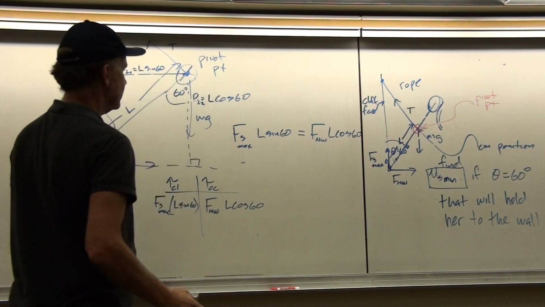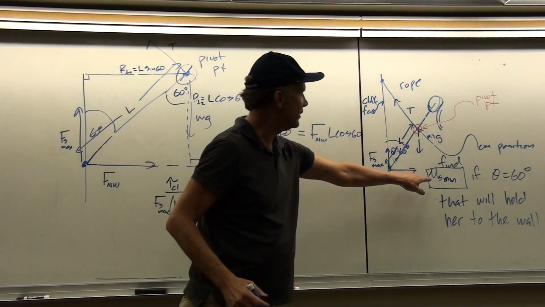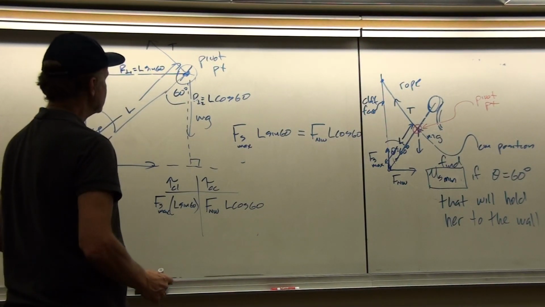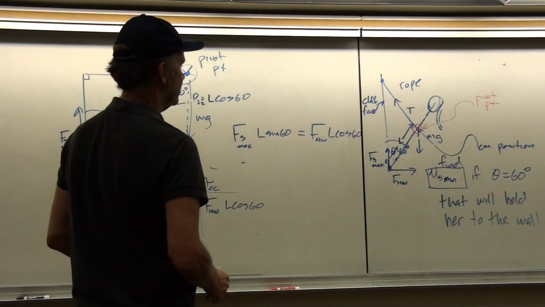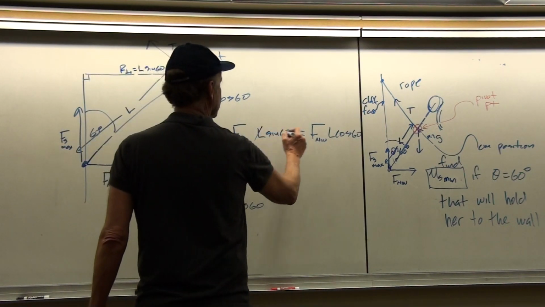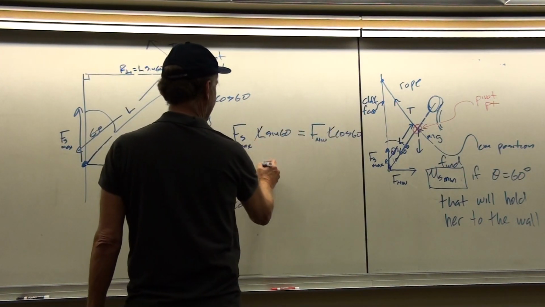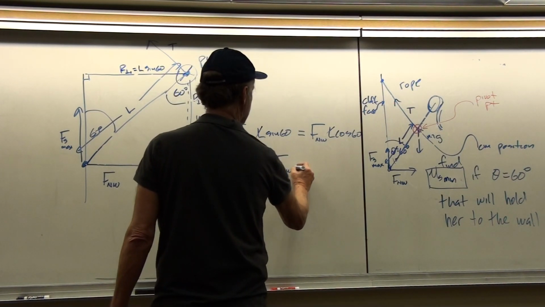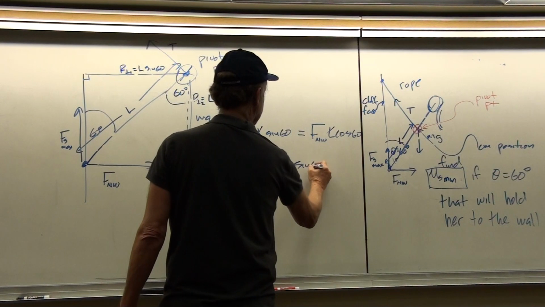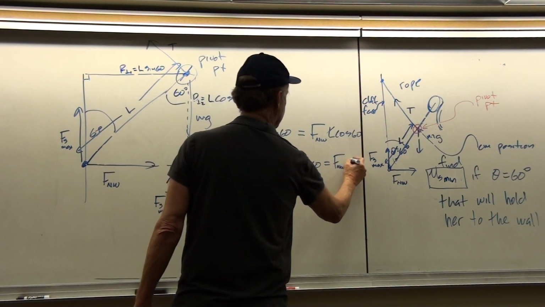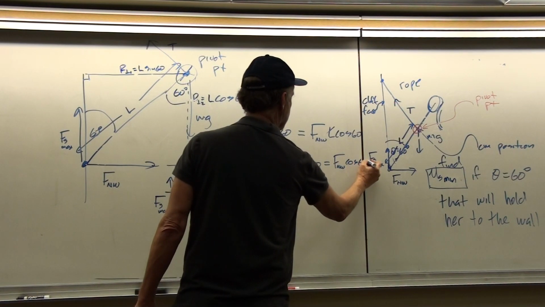Remember that we were looking for the minimum value for the coefficient of static friction that will allow her to not slip as she is doing her mountain climbing. The L's are going to cancel, and F static max we can write as mu s times F normal wall, times the sine of 60 equals F normal wall times the cosine of 60.